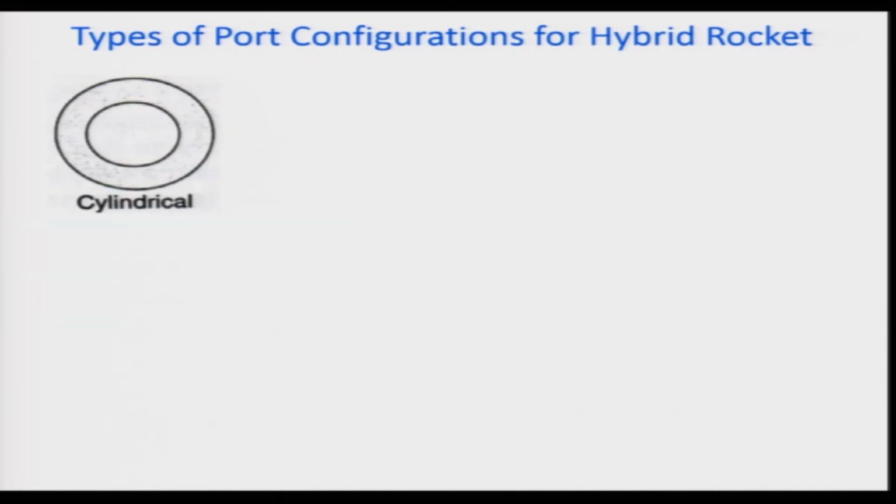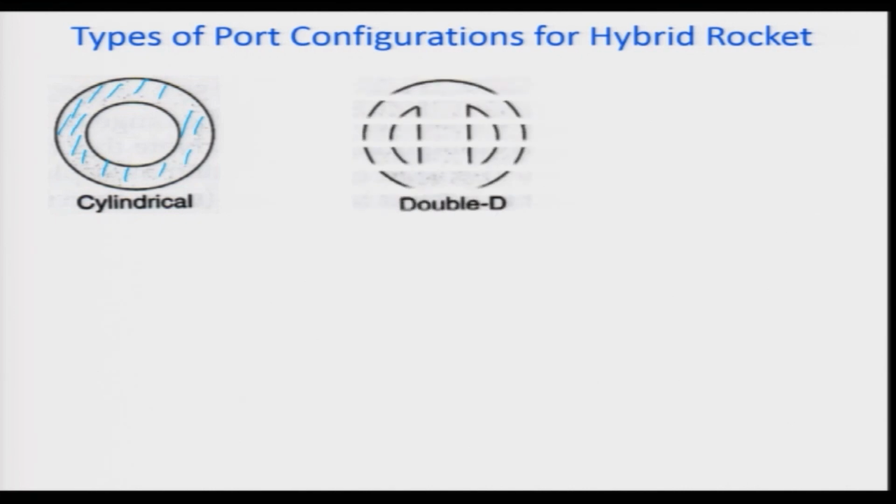And let us look at the types of port configuration one can think of for a hybrid propellant rocket engine. Of course, there are several designs one can think of, but I will be discussing only a few of them. This is your cylindrical fuel grain, which has a limitation, as I told, that it cannot really be used for a larger rocket engine with high combustion efficiency and higher thrust. Therefore, people use multi-port.